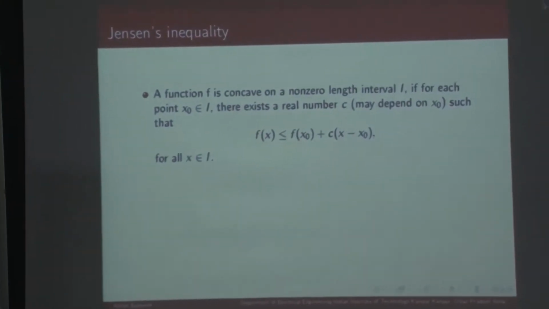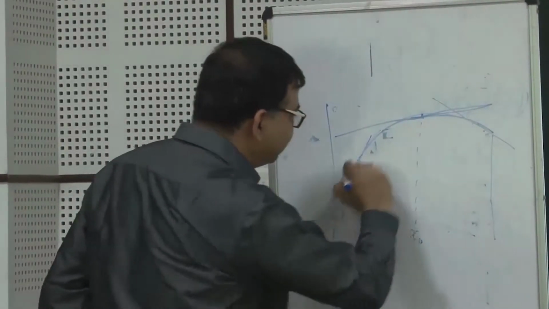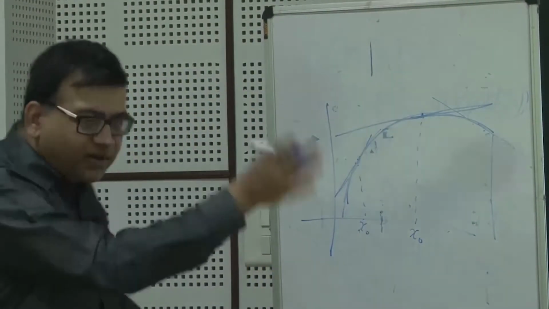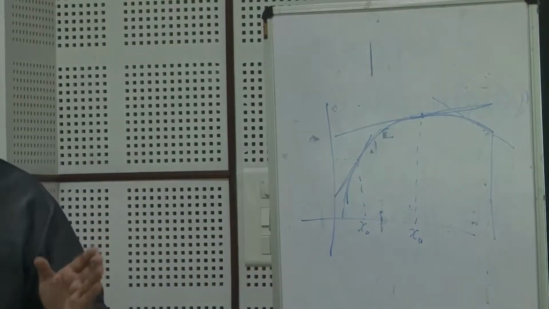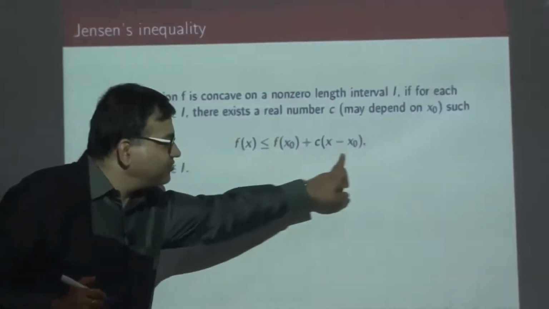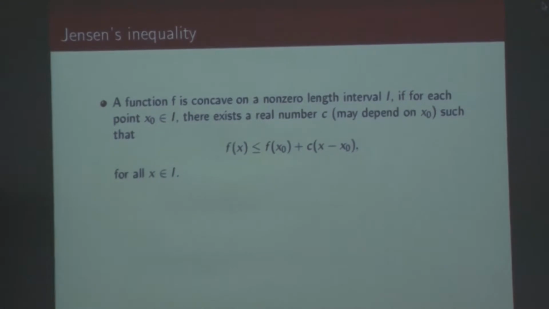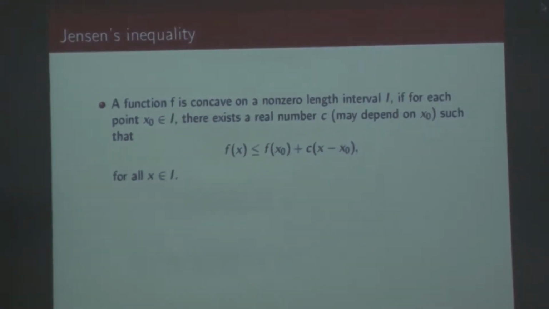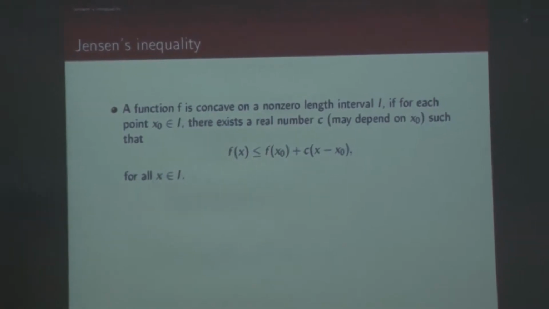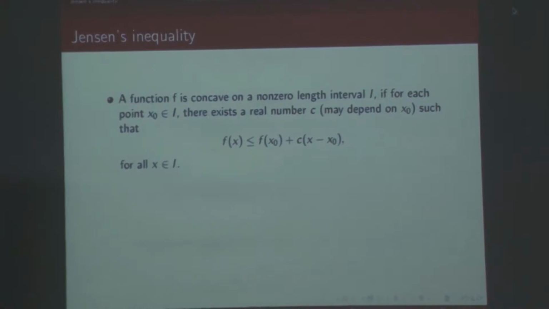If I choose this my slope is this, if I choose this my slope is this, but over this interval where it is concave I can always find a c such that for all x naught this relation holds. So, if this function f is concave over this non-zero interval, for each x naught which belongs to this interval there exists a c, the value of c may depend on my x naught, such that this relation holds.